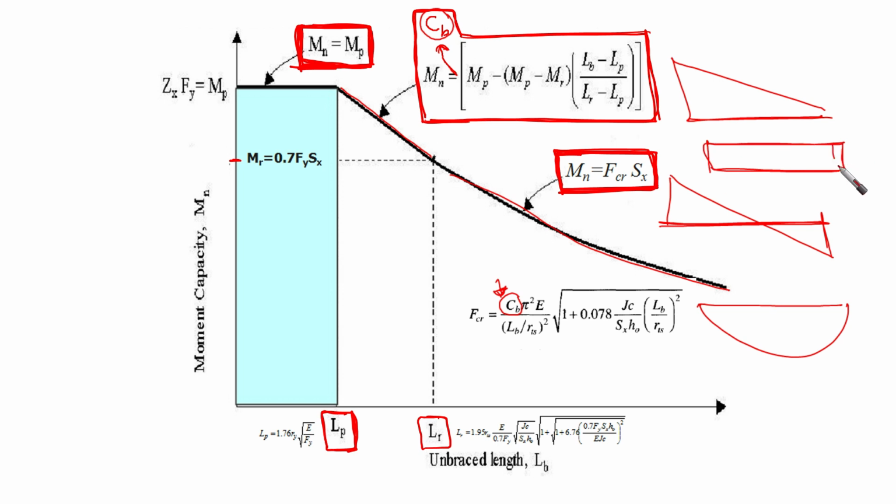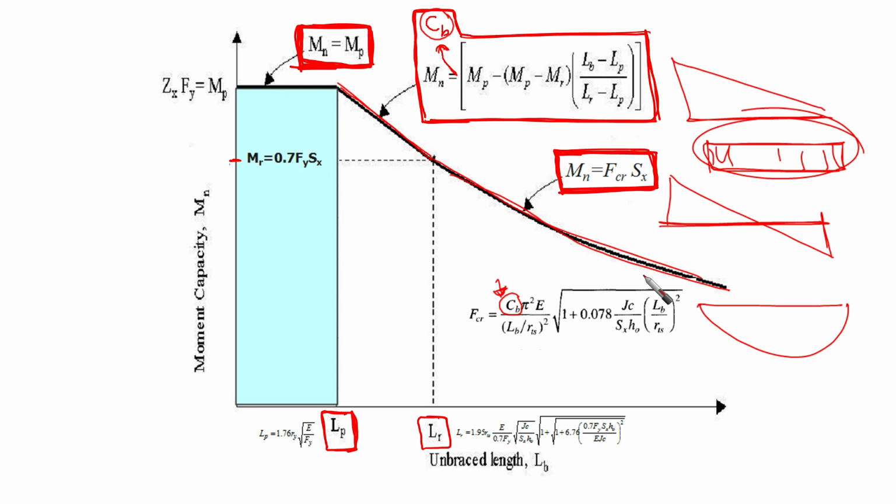This means that we have a contribution of loading condition. The contribution of loading, bending and uniformity of bending is very important in controlling the nominal strength, or the moment capacity of the section.